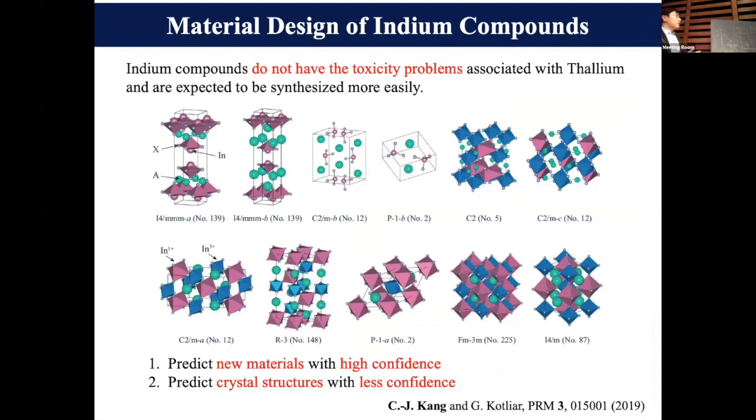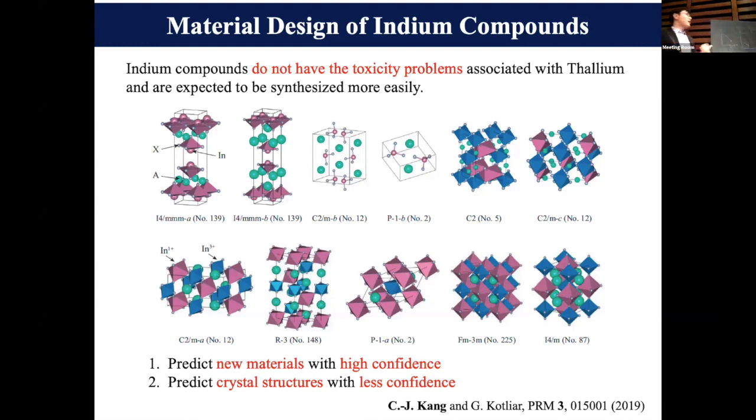So our second target materials are indium compounds. Indium is located just above thallium in the periodic table. So we expect that the indium compounds show similar superconducting behavior. And besides, the indium compounds do not have the toxicity problem, so they can be easily synthesized in experiment.